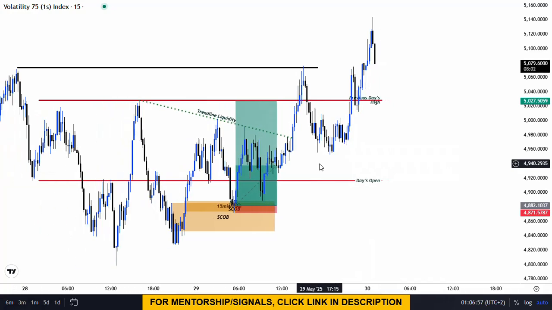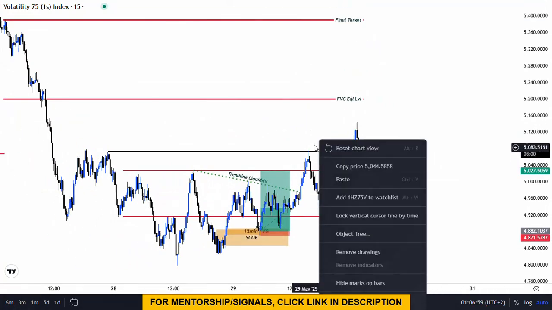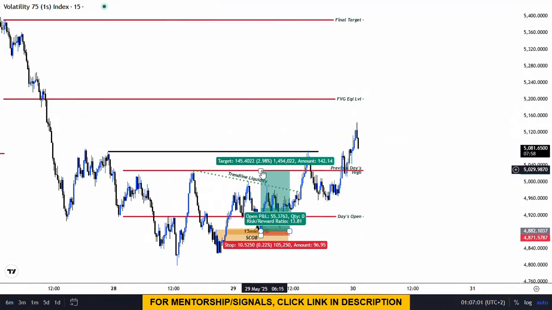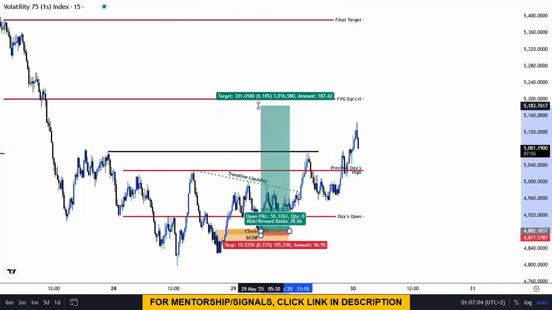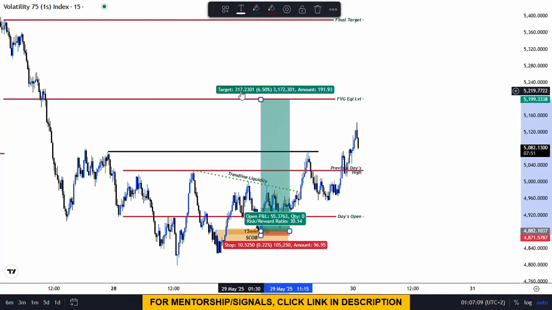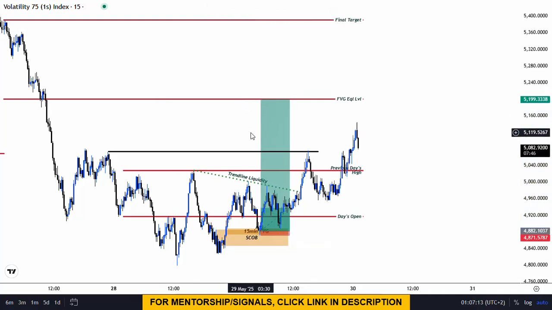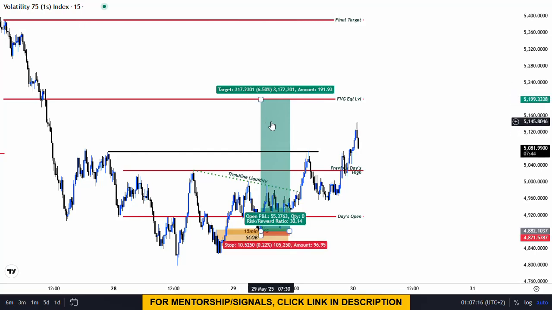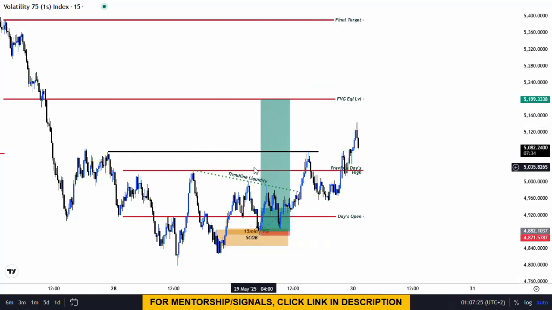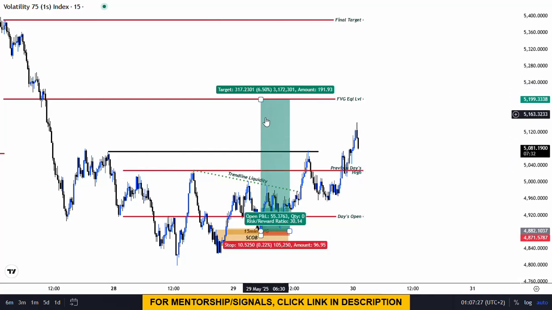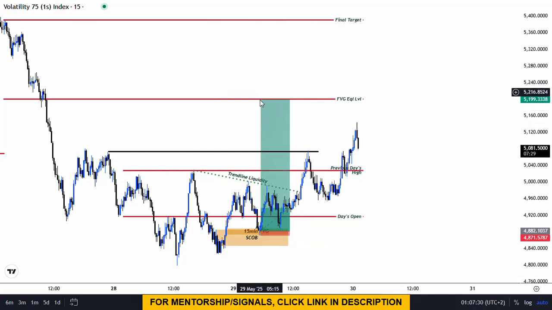Now I drew another. So this one right here, if price goes all the way to that, it is going to be about 300 pips. Price doesn't necessarily have to go all the way to that, but the thing is, you need these bonuses. Your account has already grown from this trade, so if price goes all the way to that, that is extra bonus.